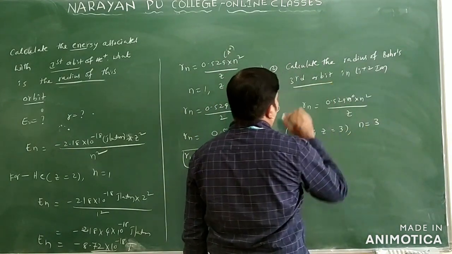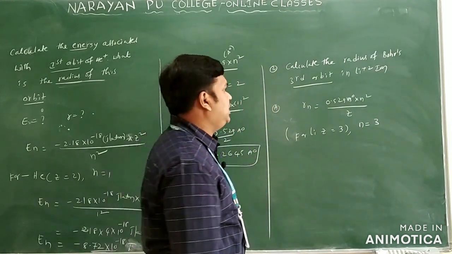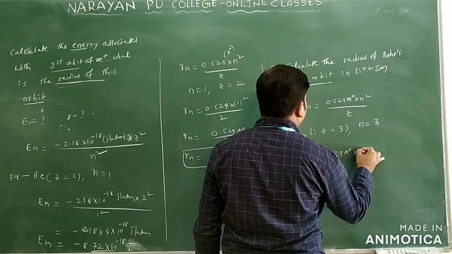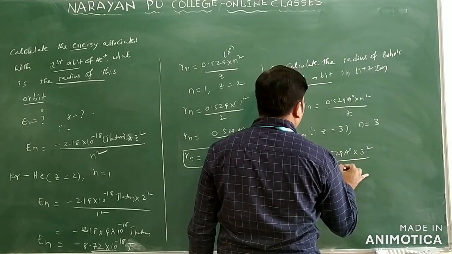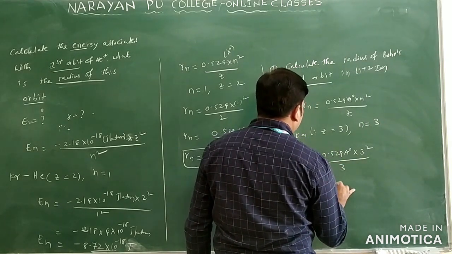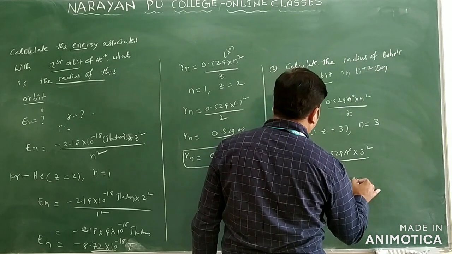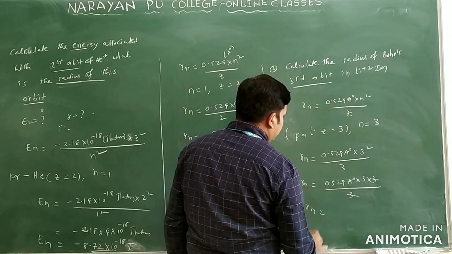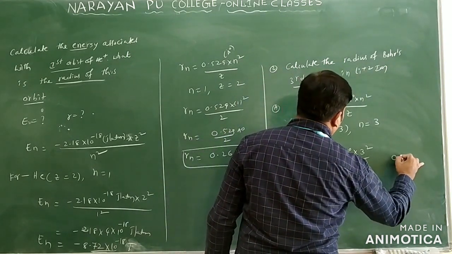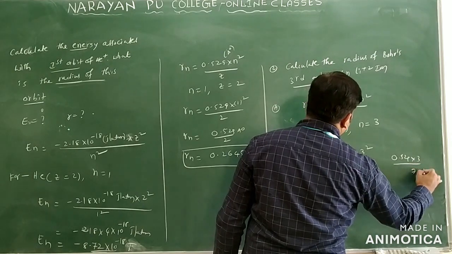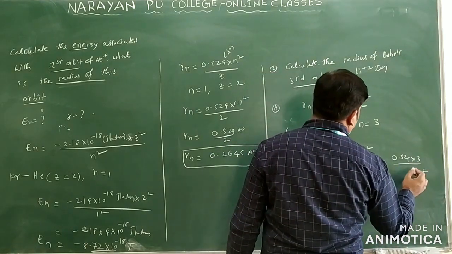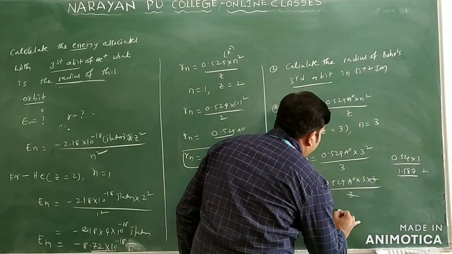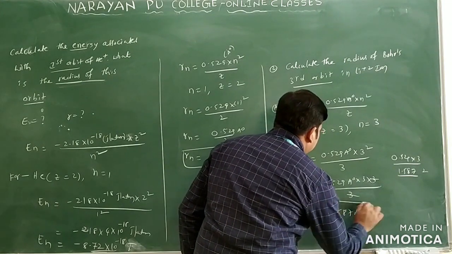Why 3? Because the orbit number is 3 only. Now substitute: Rn is equal to 0.529 angstrom units into 3 square by 3, so the 3 cancels. Rn is 0.529 into 3, and we will get 1.587 angstrom units only.